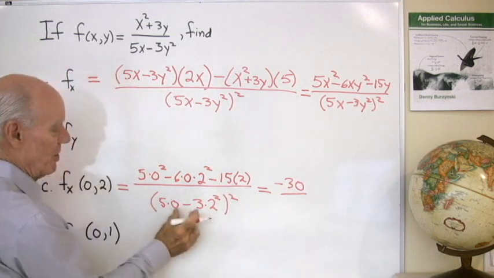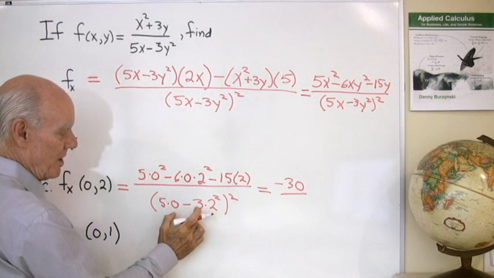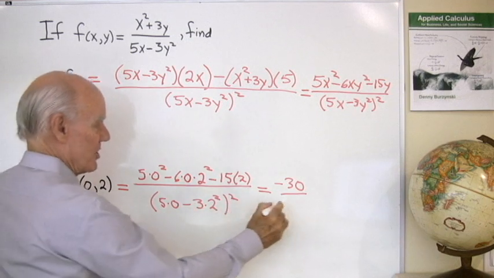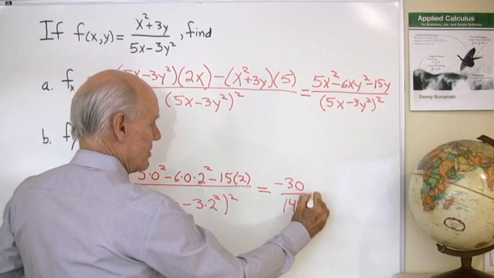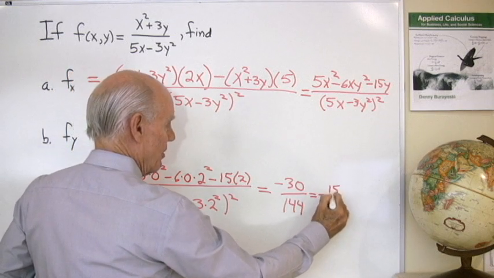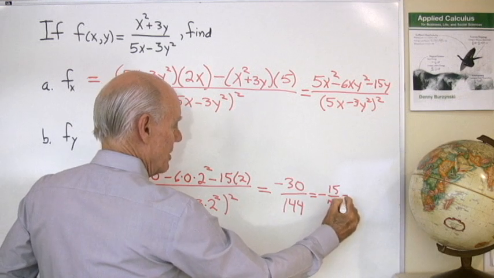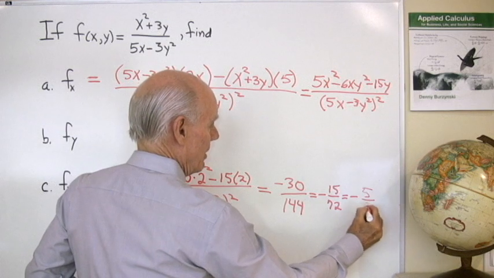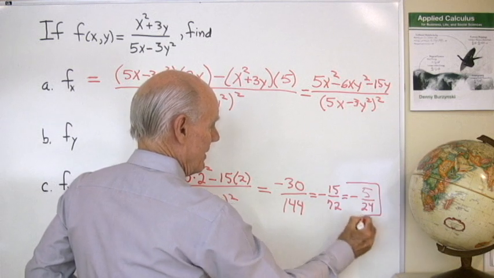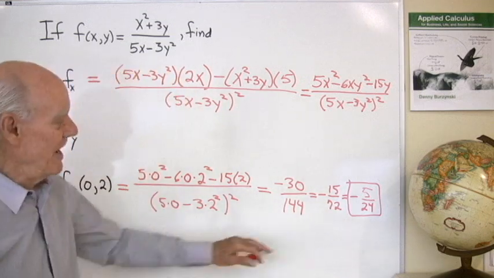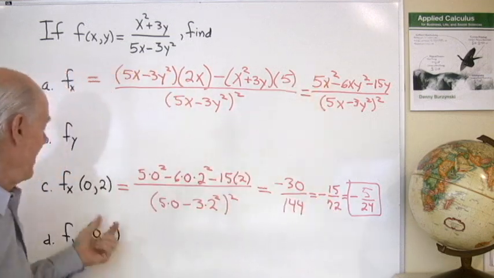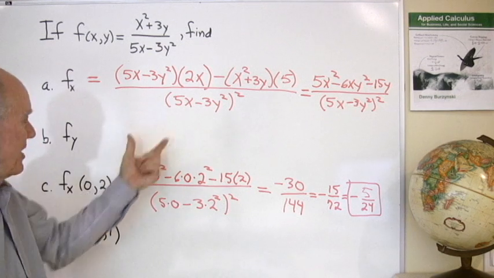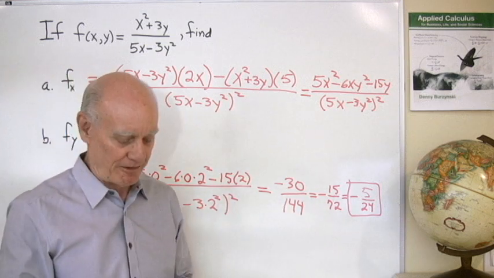And then 0 minus this, that's 4 times 3 is 12, negative 12, and then squared is 144. So that's negative 15 over 72. I'll divide those by 3 and get negative 5 over 24. So that's this expression evaluated at the point 0, 2. There's the partial of f with respect to x, evaluated at a specific point.